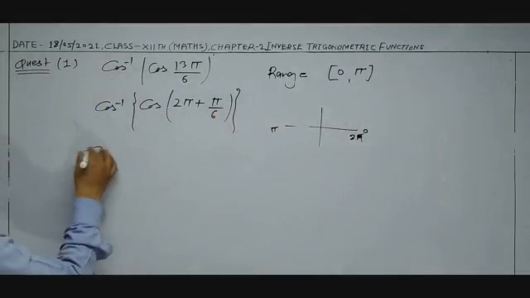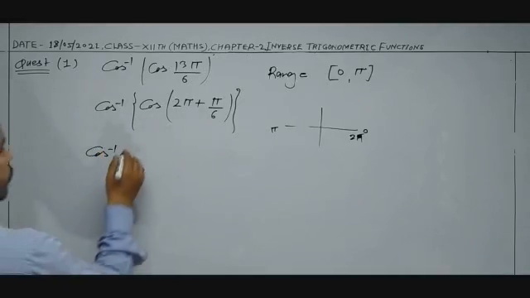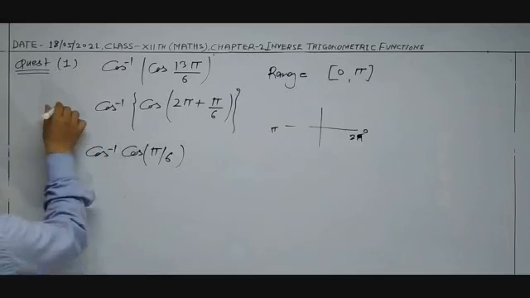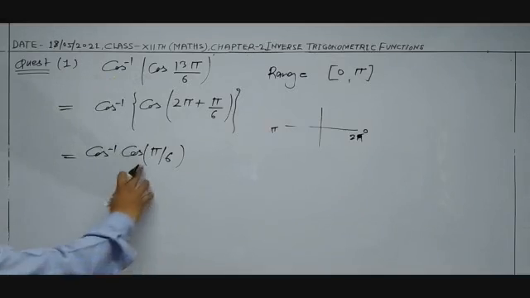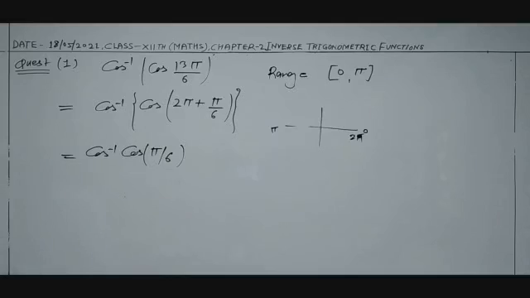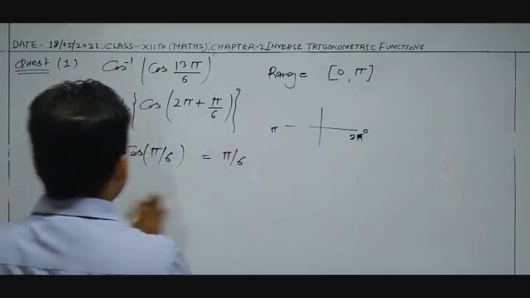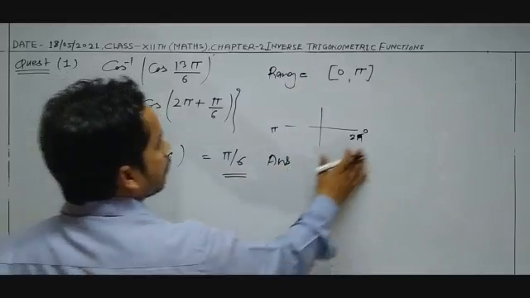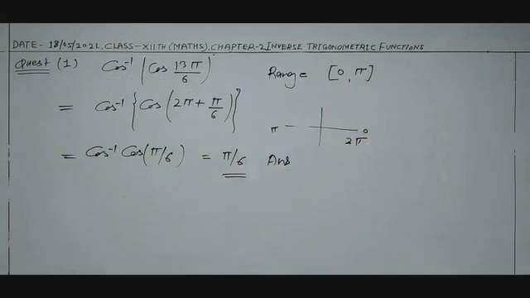So cos of 2 pi plus pi by 6 will be cos of pi by 6. We have to find the value of cos inverse cos of 13 pi by 6, so cos inverse cos of pi by 6, the result will be pi by 6. The answer is pi by 6.